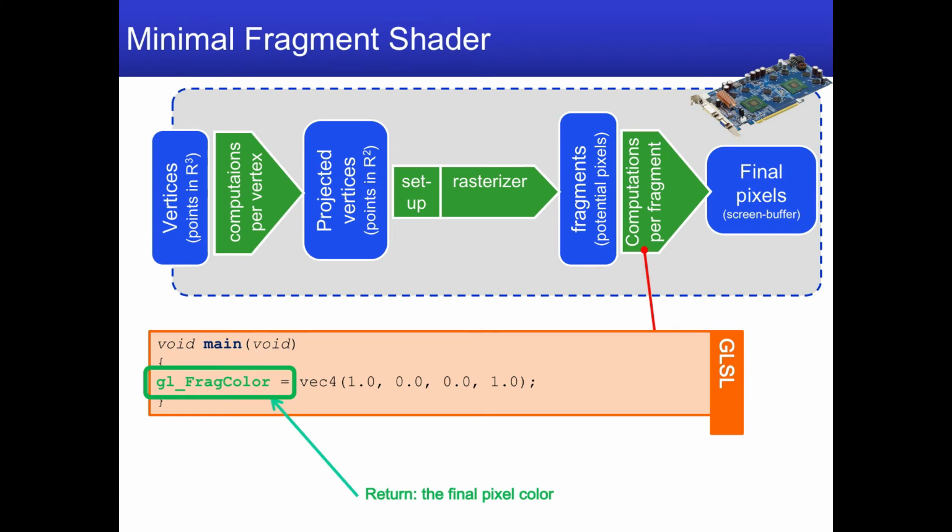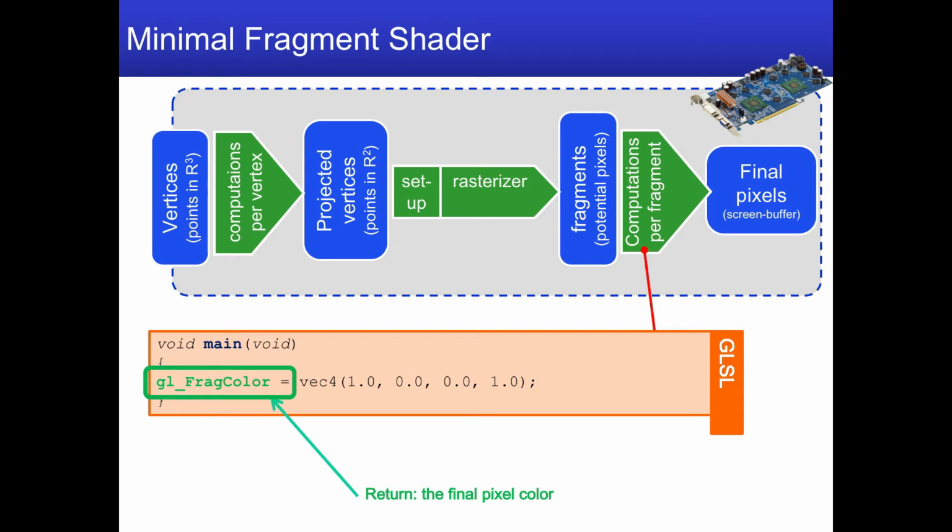Okay, and then you have fragment color, fragment processing, the fragment shader. What you have to do in the fragment shader is return the color, the final pixel color. I will show you some more sophisticated shaders later when I show the programming.